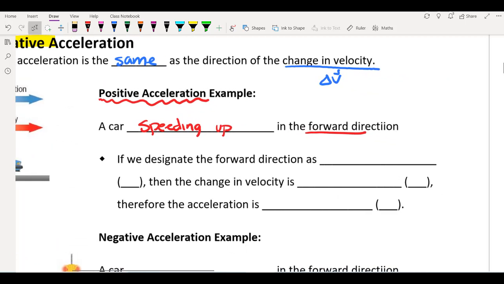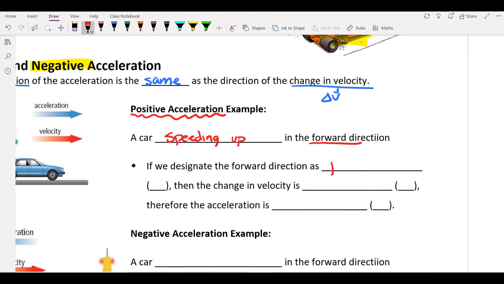The forward direction by default is positive. That's what we use a plus sign for. If you're speeding up, going from 3 to 6, 6 minus 3 gives us positive 3. Our change in velocity is also going to be positive. So if our change in velocity is positive, our acceleration is also going to be positive.